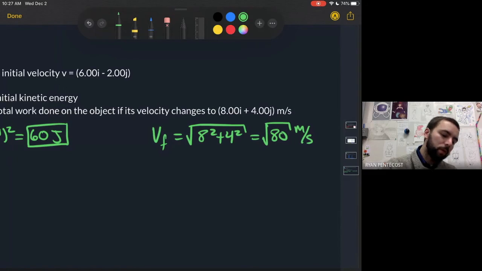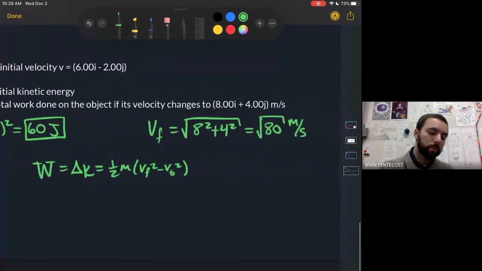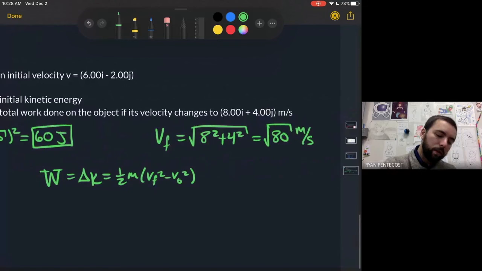So if we want to know the work, we want to know the delta K, which would be 1/2 m times v final squared minus v naught squared. We have v naught, which is the square root of 40, and v final is the square root of 80.